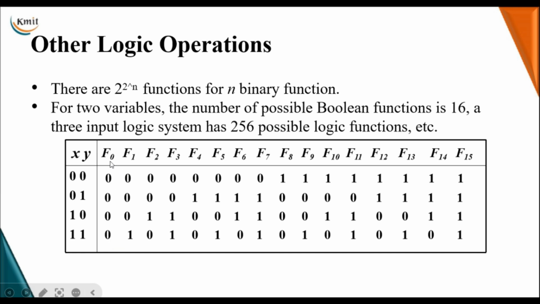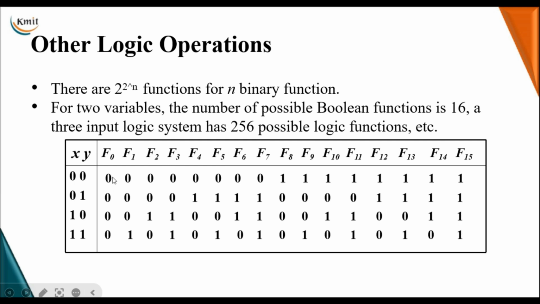Next, we have represented all 16 possible functions with the labels F0 to F15. As we have four input combinations, and for each combination we replace the output functional value with 1 bit, we obtain 4 bits. For a 4-bit value the possible combinations are 16, starting from 0000 to 1111.